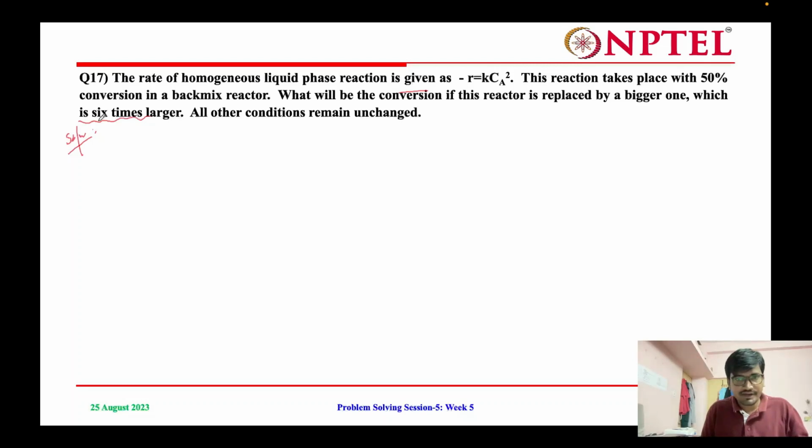This is second order kinetics and CSTR. The performance equation for the CSTR for second order kinetics is tau K C A naught equal to XA by (1 minus XA) square, right?